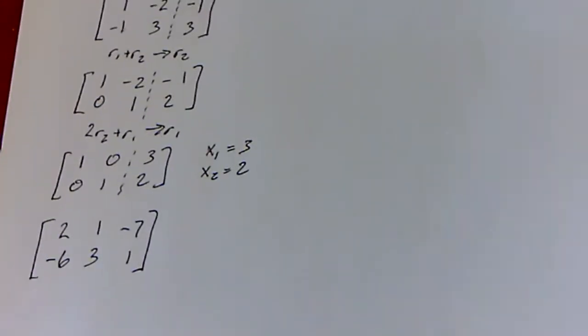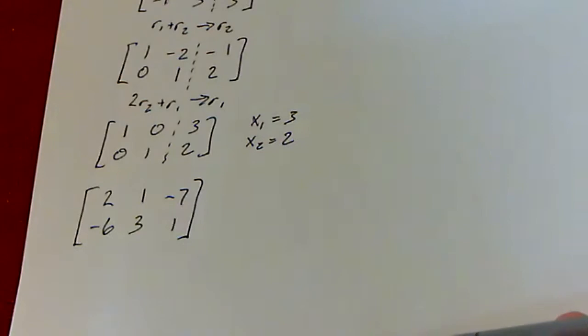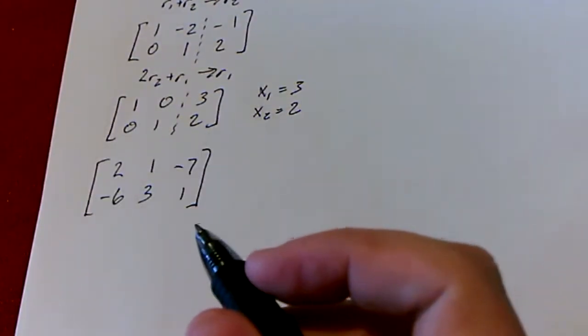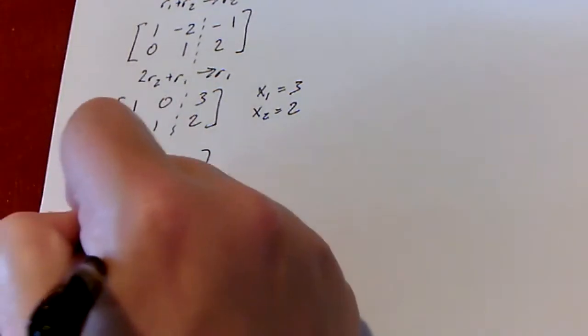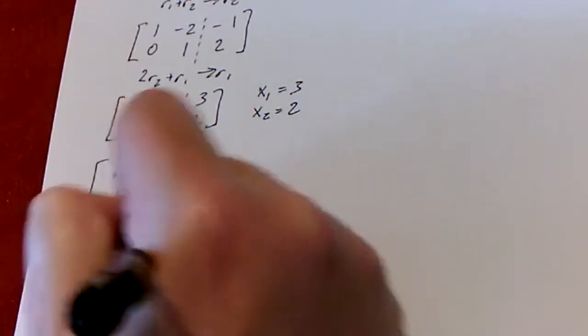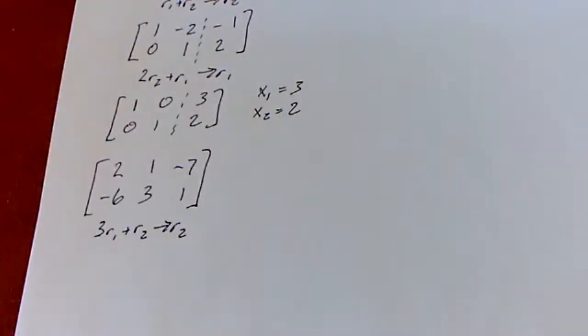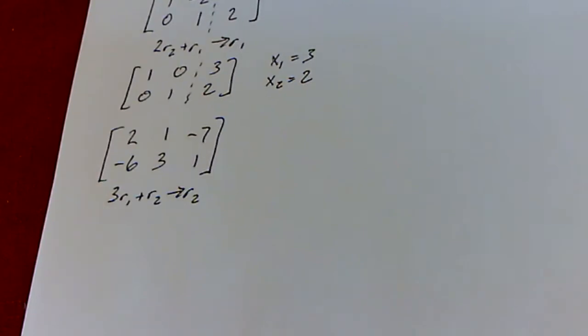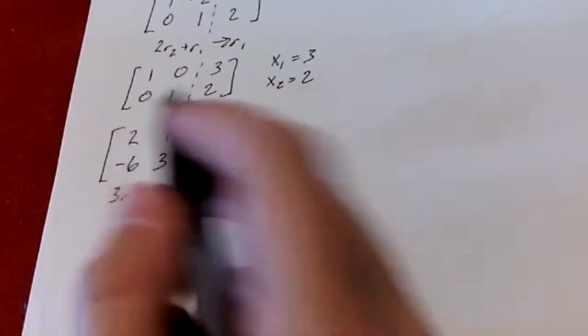And then we can look at the same idea here for the second system. Right, this was my second system that I wrote down. Same idea, I want to take 3 copies of row 1, add them to row 2, and replace row 2. That's ultimately exactly what we did when we worked it by elimination. So I take those 3 copies here.